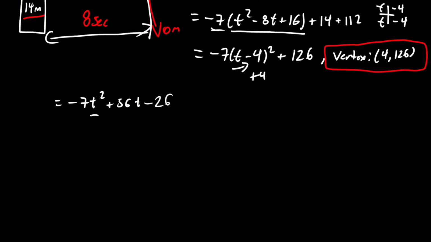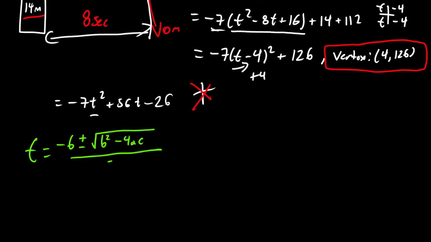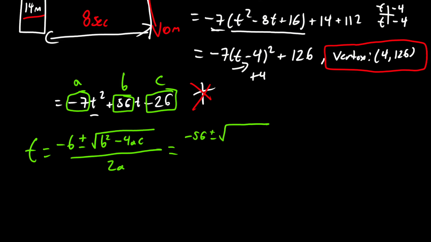To determine t, we're going to be using the quadratic formula. Forget factoring, don't waste your time. And so t equals negative b plus or minus the square root of b squared minus 4ac, all divided by 2a. Negative 7 is our a value, 56 is our b value, and negative 26 is our c value. So then this makes our equation negative 56 plus or minus the square root of 56 squared minus 4 times negative 7 times negative 26 all over negative 14.